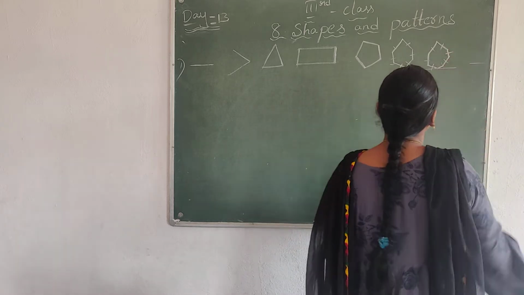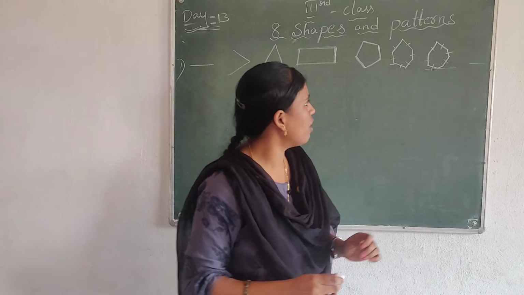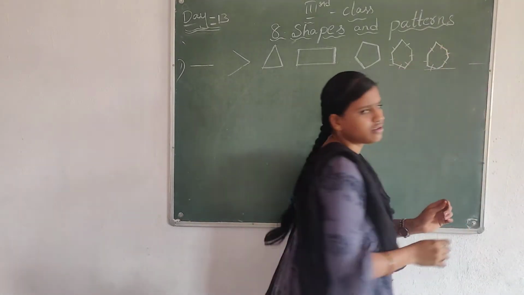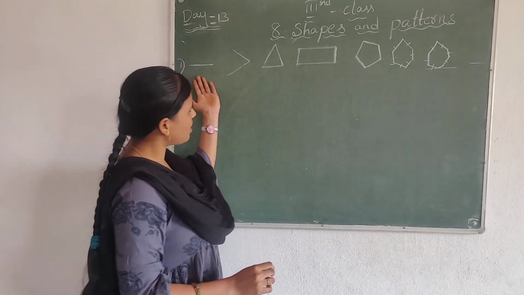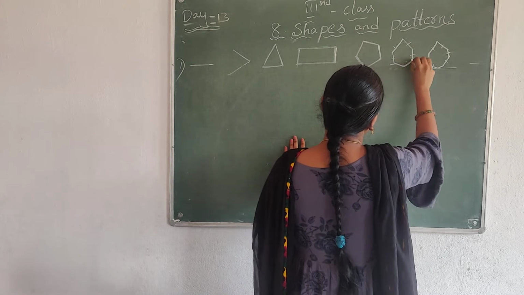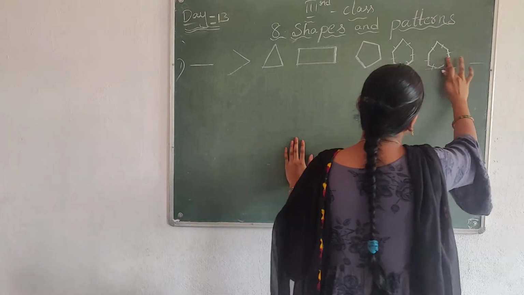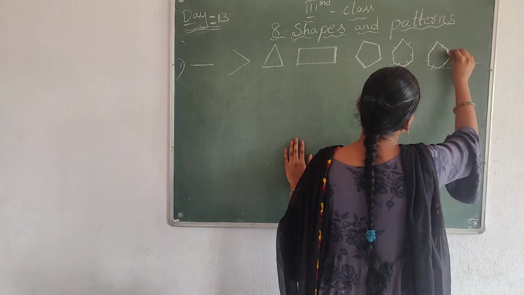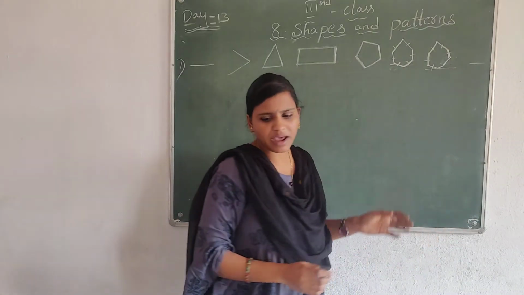This is a heptagon. Okay. You do another one. So take lines: first one 1, 2, 3, 4, 5. This is 6. And this is the 7th one. Understand this pattern?